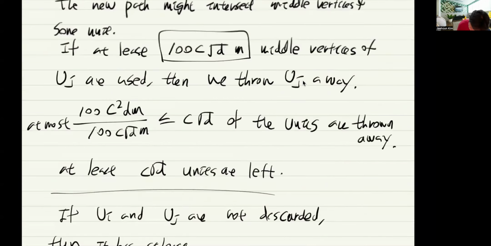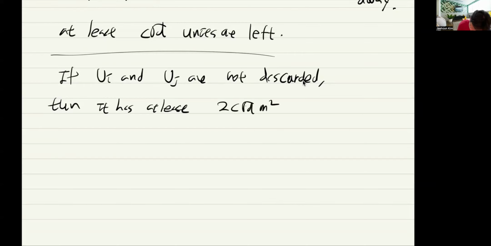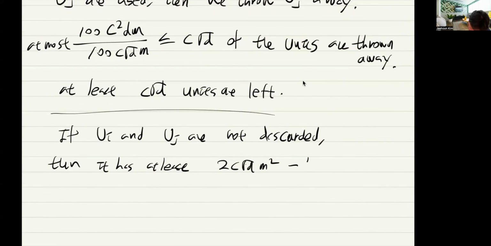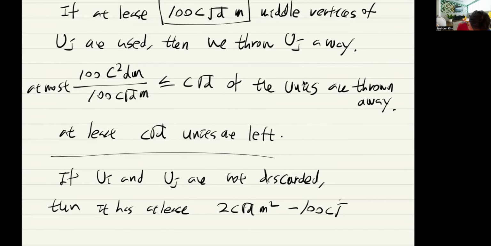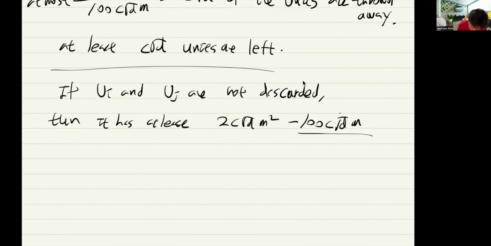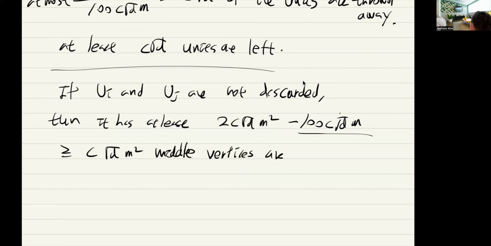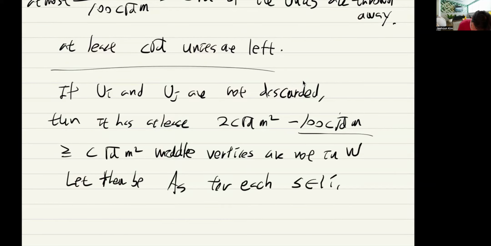Out of the 2c square root of d m square middle vertices, less than 100c square root of d m are occupied. So at least c times square root of d m square middle vertices are not in W. And then let them be A_F for each F in I and J.